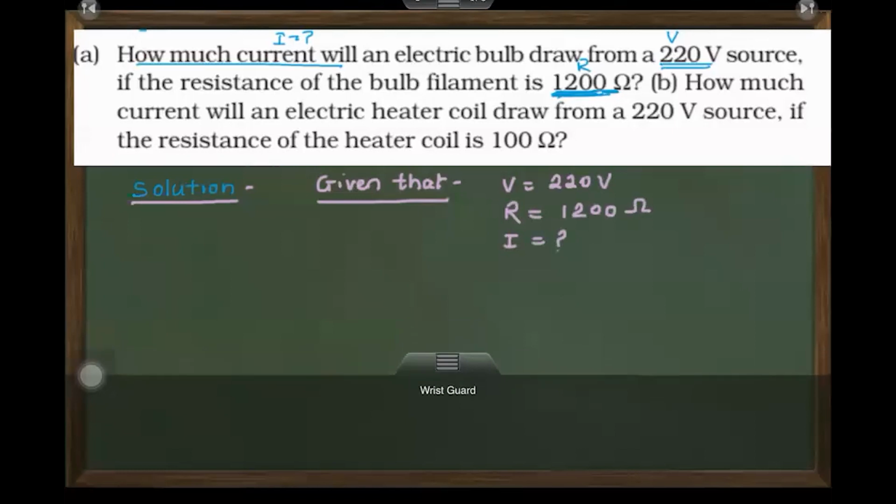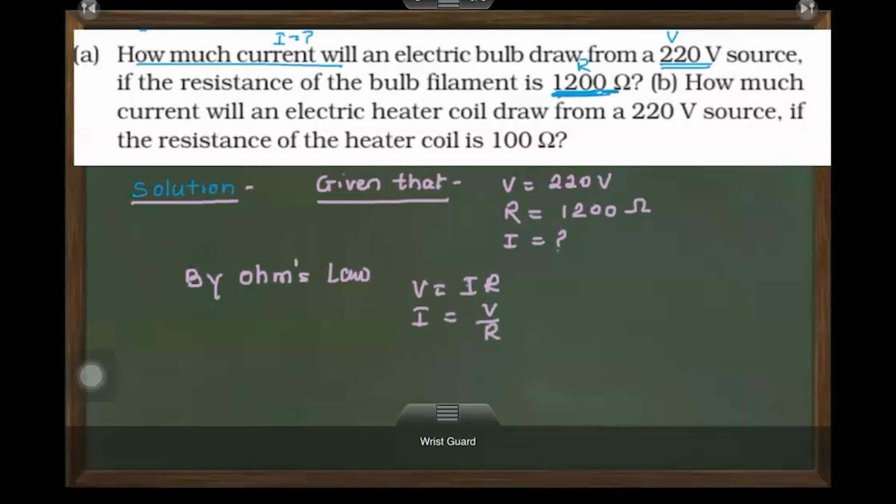Now we have to write by Ohm's law. You have to write these things; you cannot go with the direct formula. By Ohm's law, V is equal to I into R, then I is equal to V upon R, and putting the value, we have 220 by 1200.